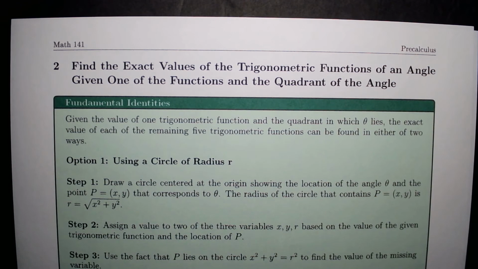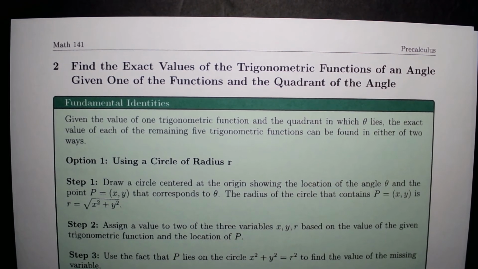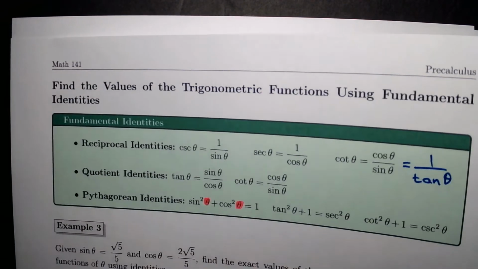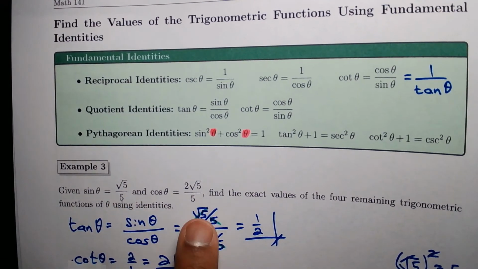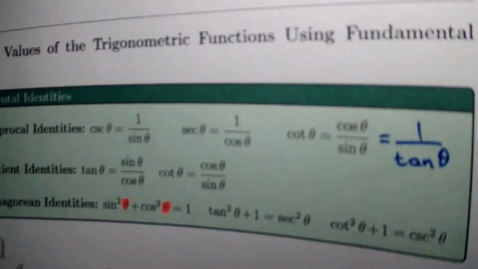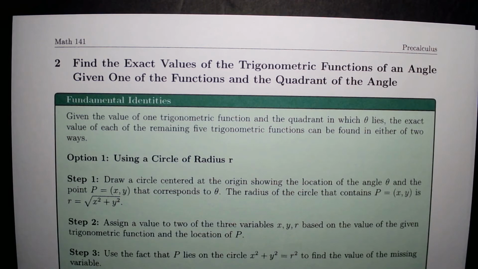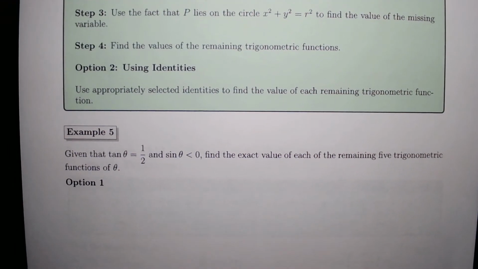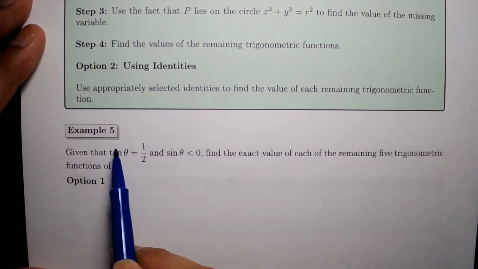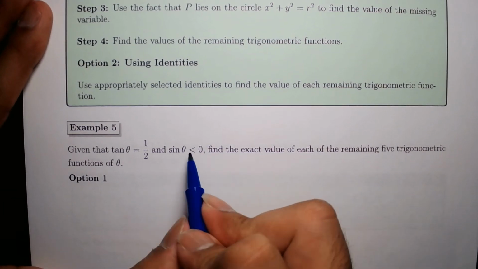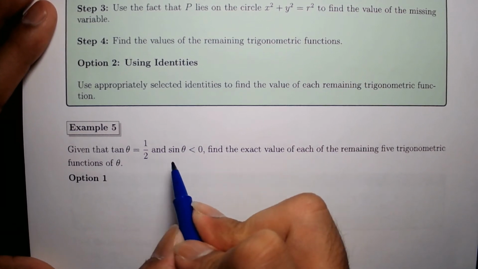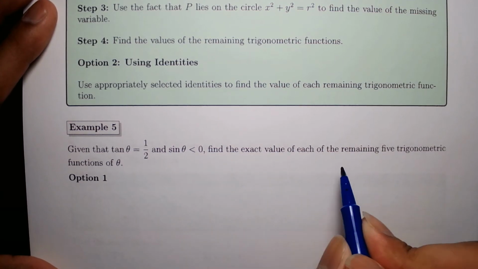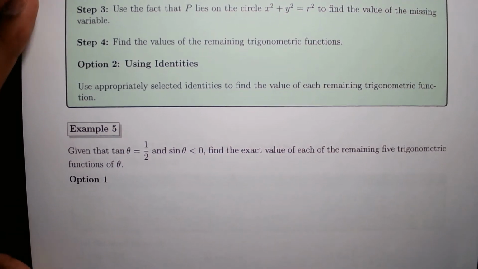We're not just going to be given, like in the previous example, explicitly sine and cosine to just find the remaining function. In this case, they're going to give us only one trigonometric function and the sign of another function. And this is going to be enough information to find the remaining 5 trigonometric functions.